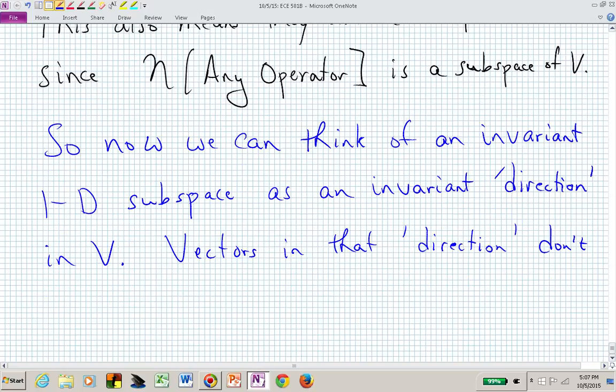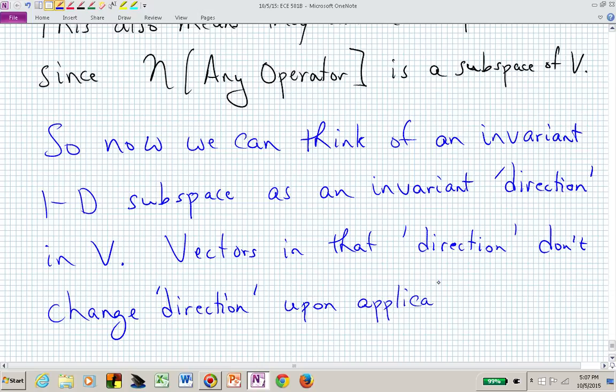They stay in that direction upon application of that linear map. Vectors in that direction don't change direction upon application of T.